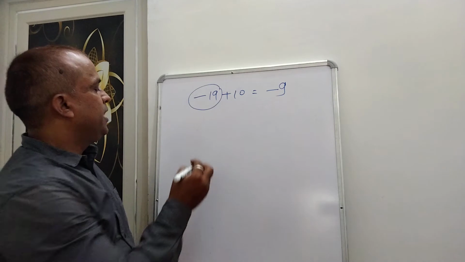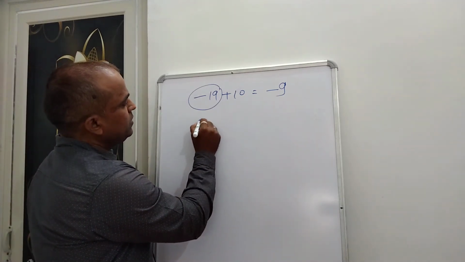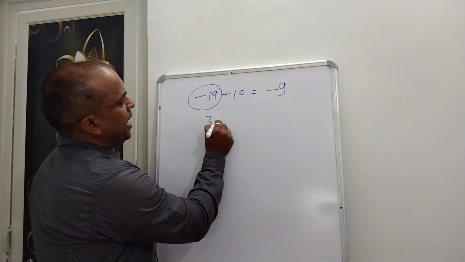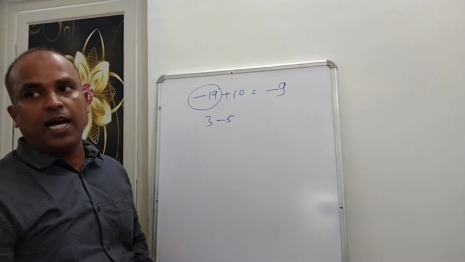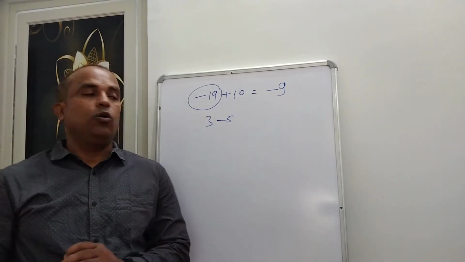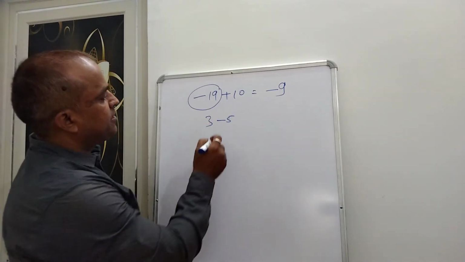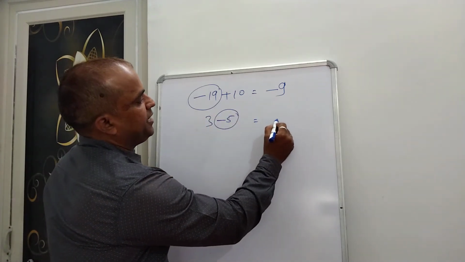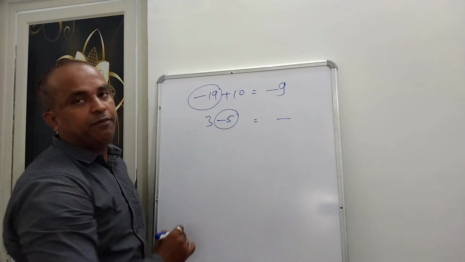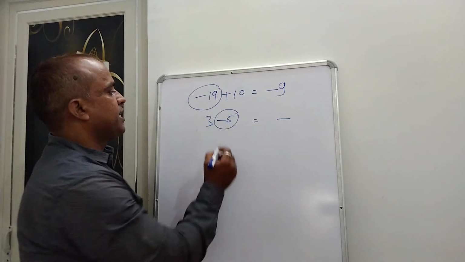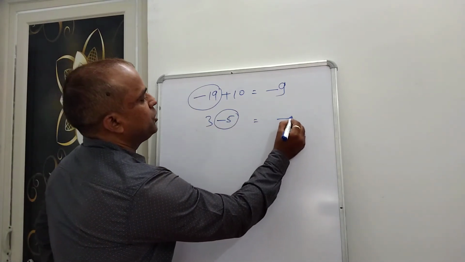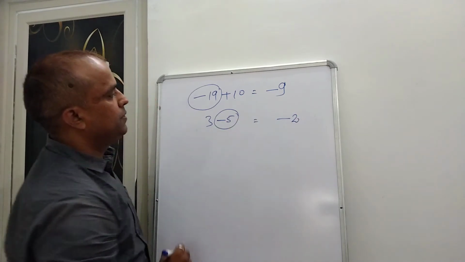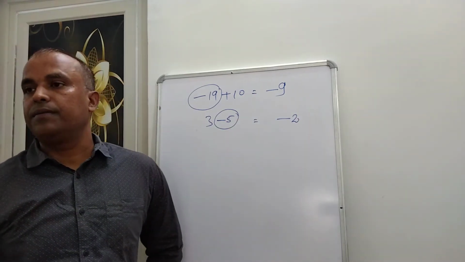Next concept. If it is 3 minus 5, what will be the answer? I am subtracting, but the sign will be minus. Minus is bigger, so write minus. 3 minus 5, you can write minus 2. Is there any doubt?